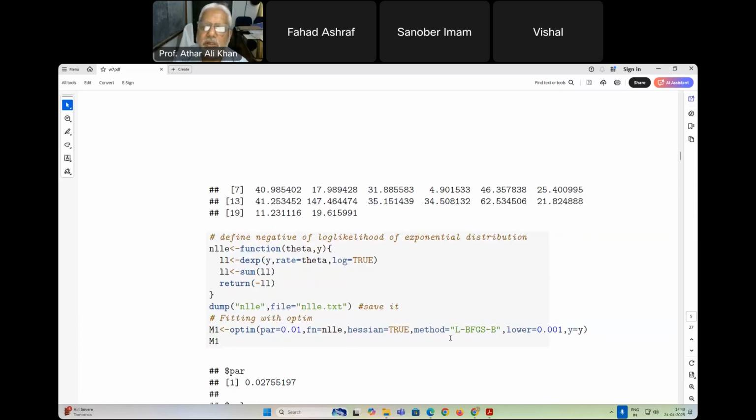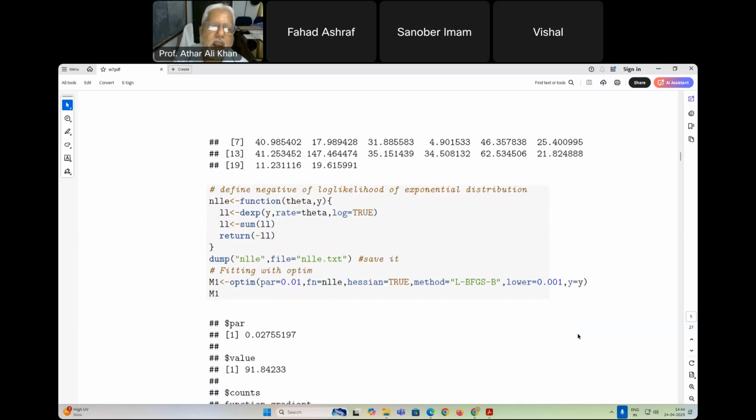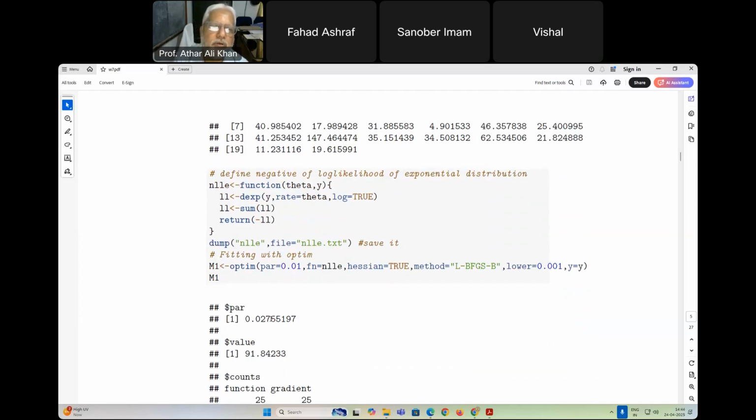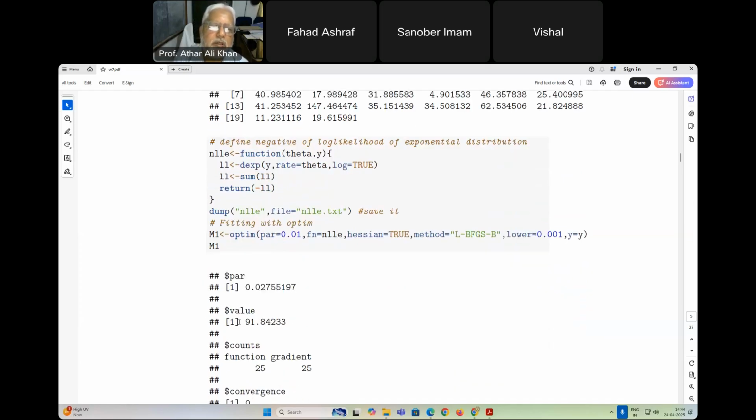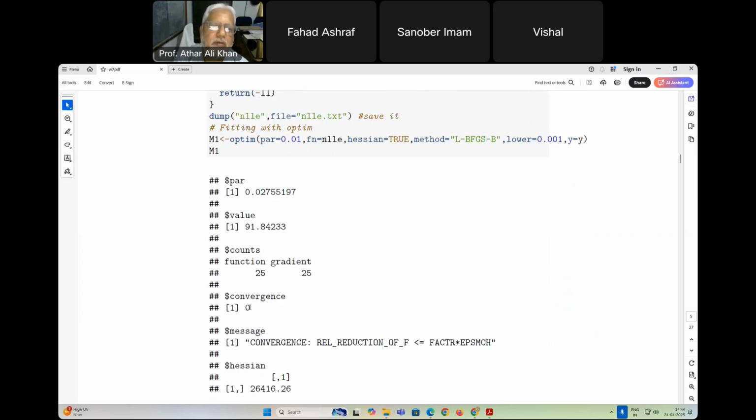Hessian equal to TRUE, method equal to L-BFGS-B, lower equal to 0.001, and y equal to y, because par is used to optimize with respect to this, and the other argument y equal to y provides the data. And this is the value of the maximum likelihood estimator. This is the value of the objective function, and this convergence 0 means it is effective convergence.